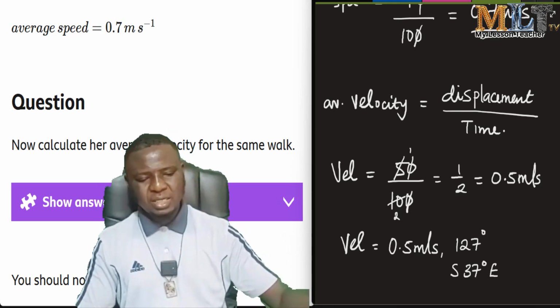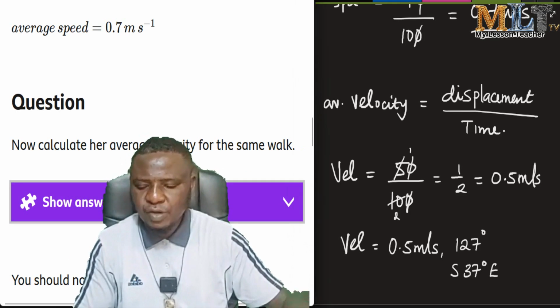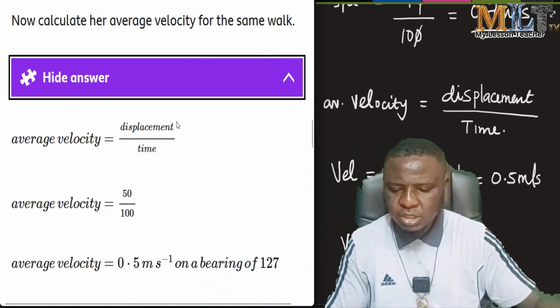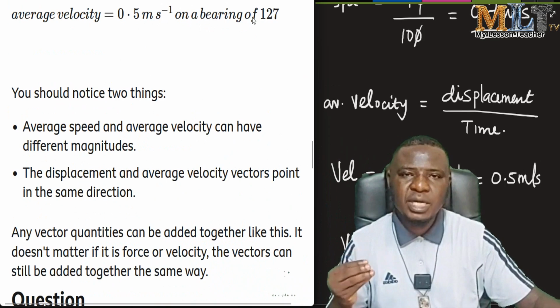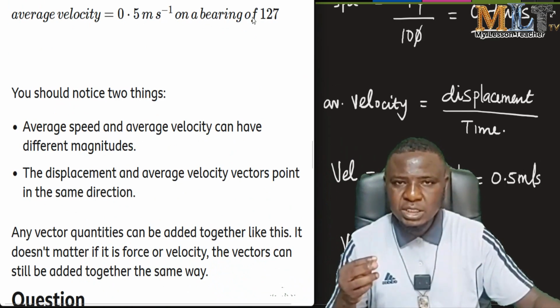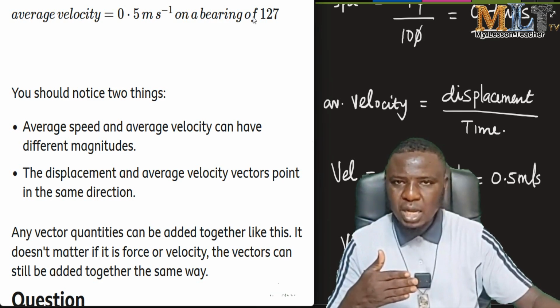Let's see what they got as their answer on average velocity. Average velocity is displacement over time, 50 divided by 100, which is 0.5 meters per second on a bearing of 127 degrees, which is the same thing as what I got.